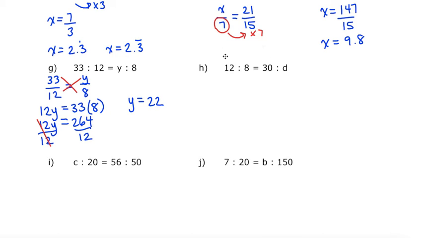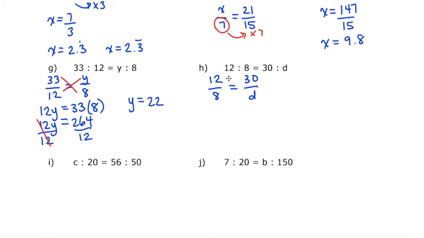So for h, what we need to do is write our ratios as fractions. So 12 over 8 is equal to 30 over D. There's not a whole number that I can think of to multiply 12 by in order to get 30.